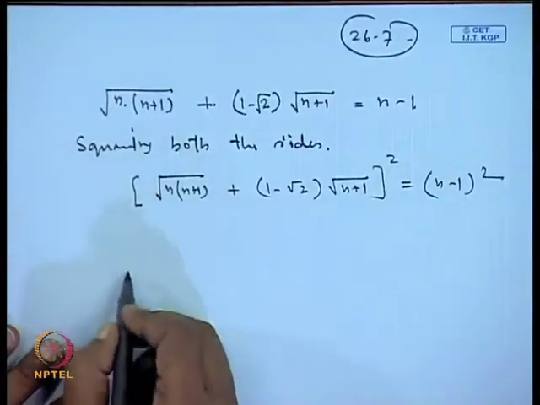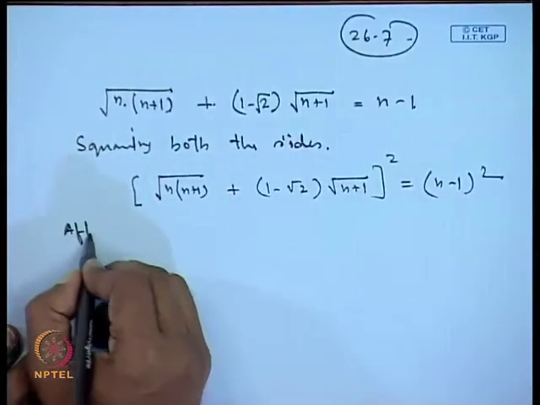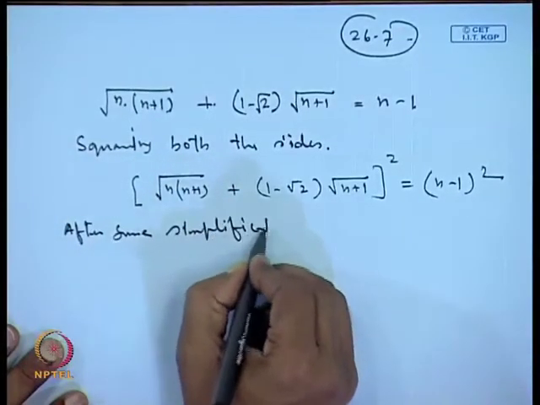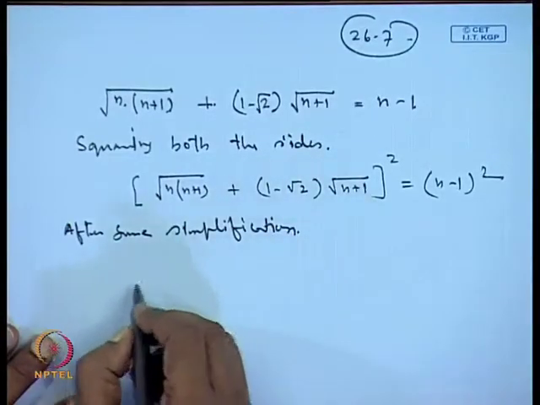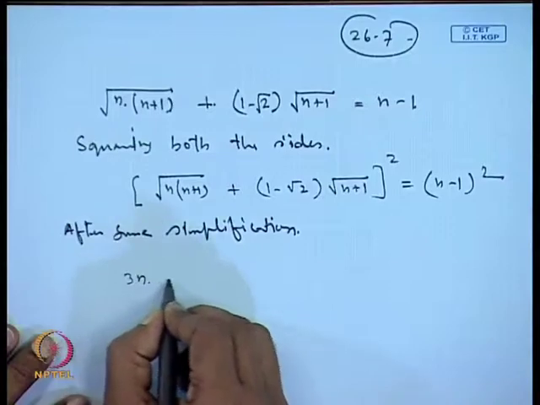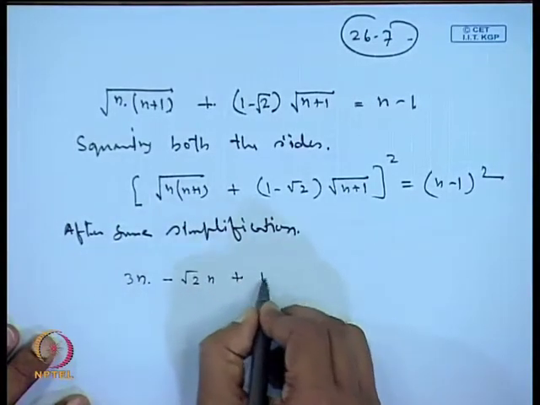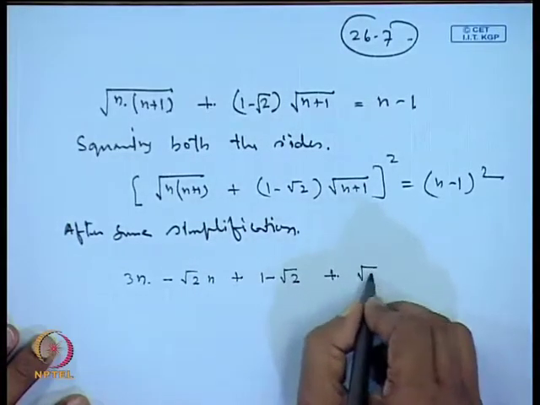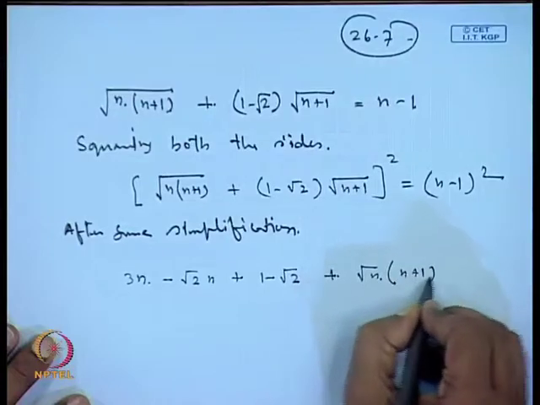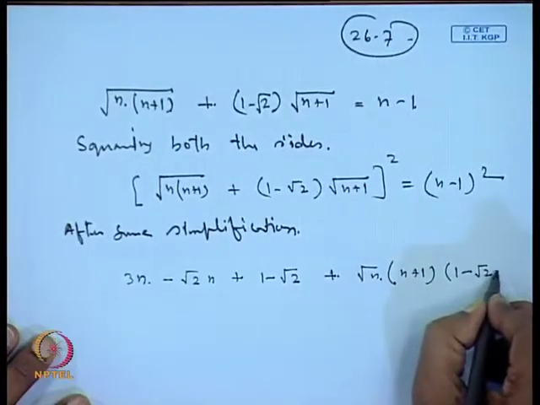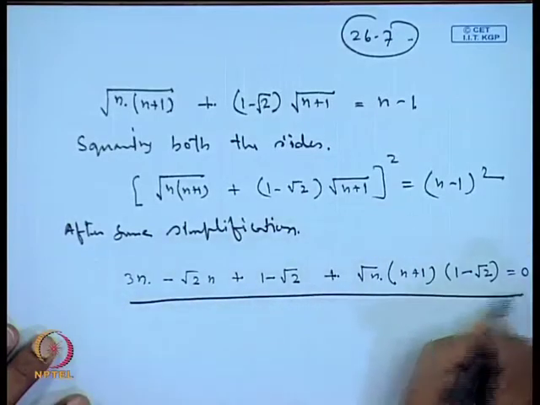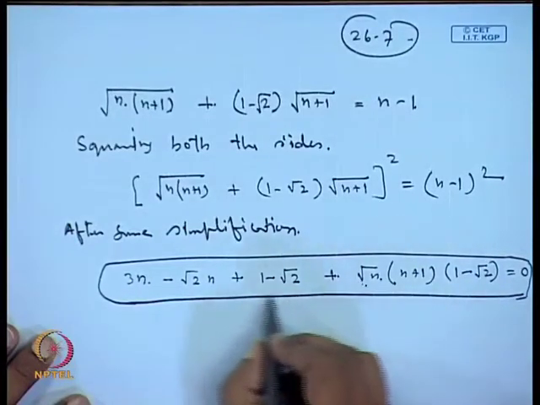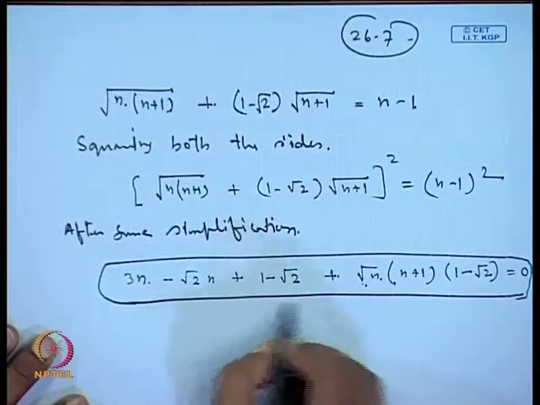Now, this can be further simplified, and after some simplification, this can be reduced to 3 n minus under root 2 n plus 1 minus under root 2, okay, but still this equation contains the square root sign for n. So, we need to eliminate this square root sign again.